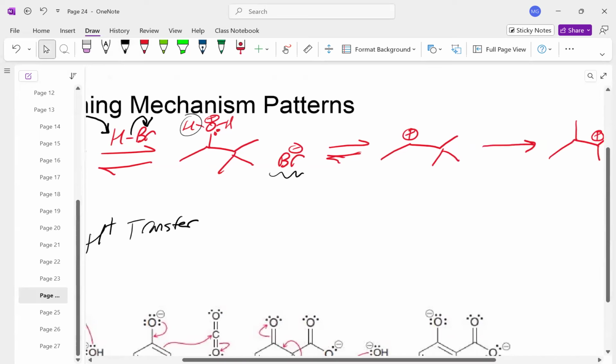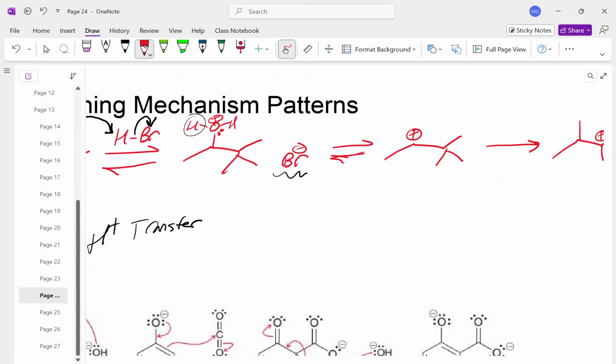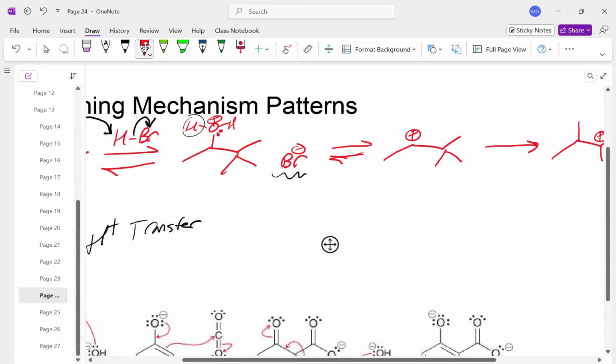Now let's look at the next step here. So in the next step, what happened? Actually, it might be helpful if I drew the water here.